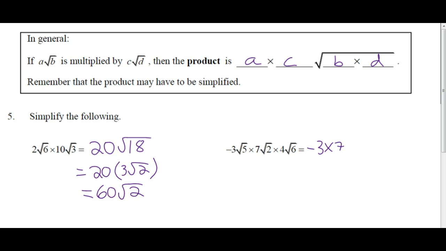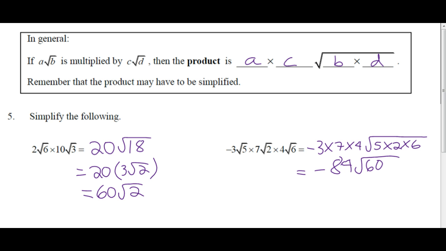So I might want to do this. I might just say, there's too much there, right? I need to break it out. So it's negative 3 times 7 times 4, which is negative 84. Root 60.